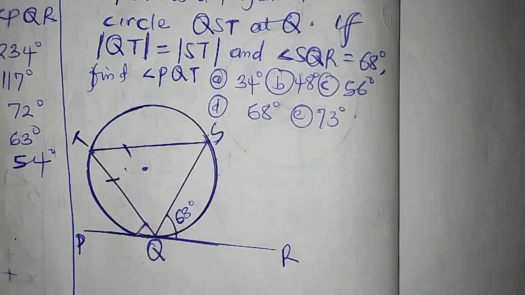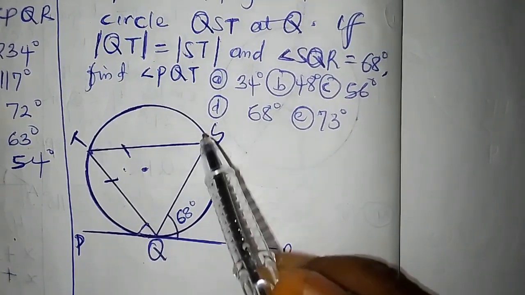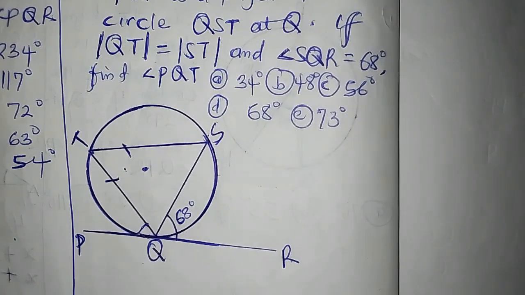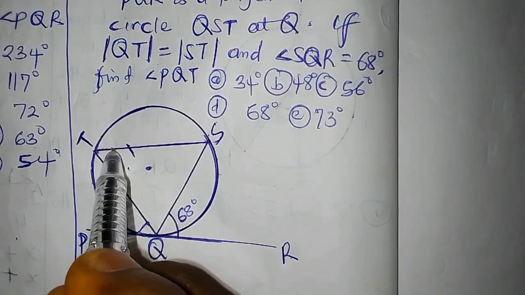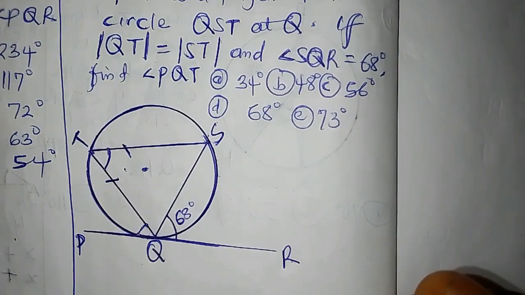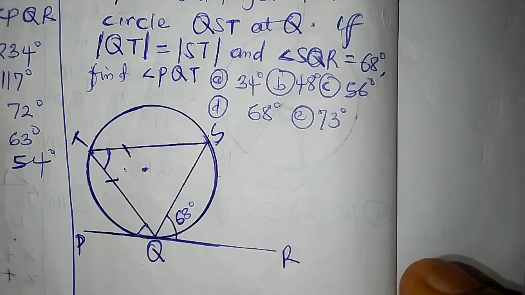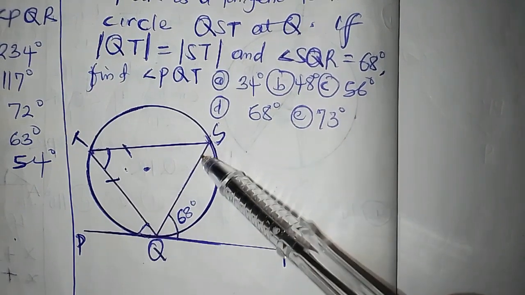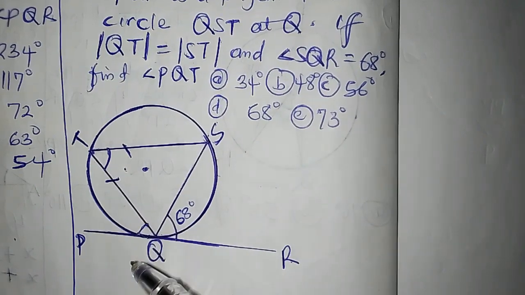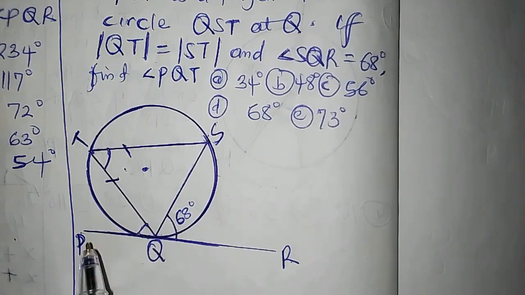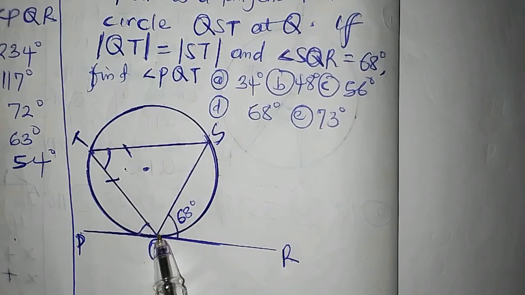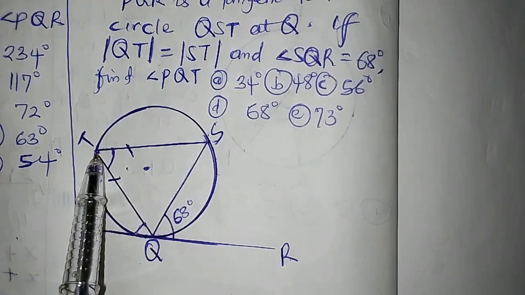Now, this angle that is outside, angle SQR, is 68 degrees. It is equal to what is here, going by the principle of angles in alternate segments. You can see that the rule says that the angle between a chord, this is a chord, QS, and the tangent, PR, is equal to the angle that the chord subtends in the alternate segment.